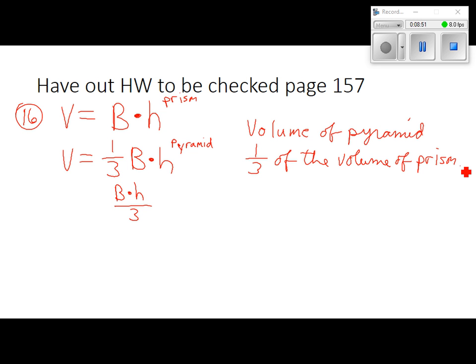So if I have some prism, and this base down here is 10 by 5.